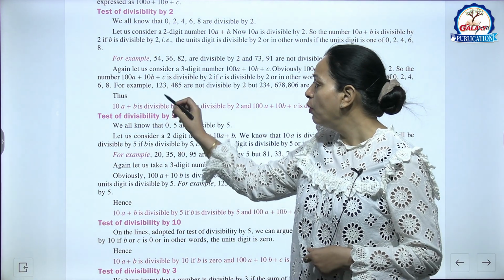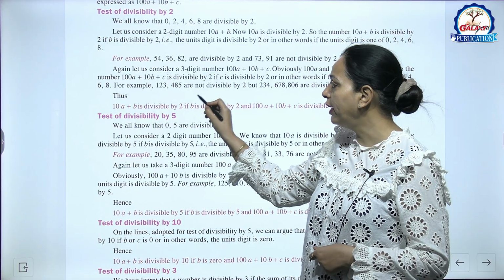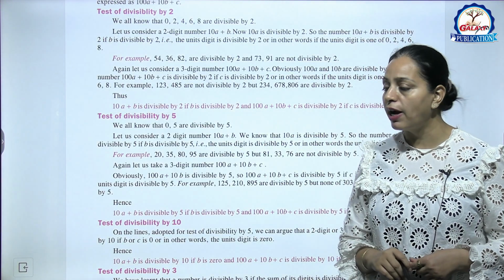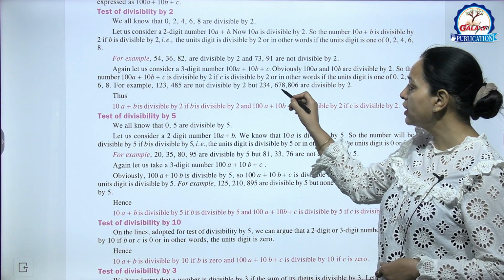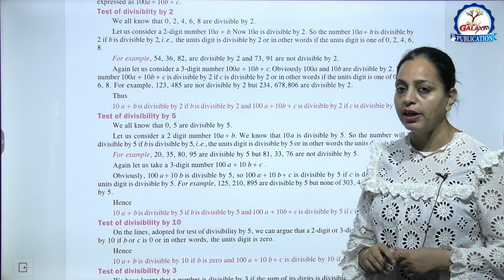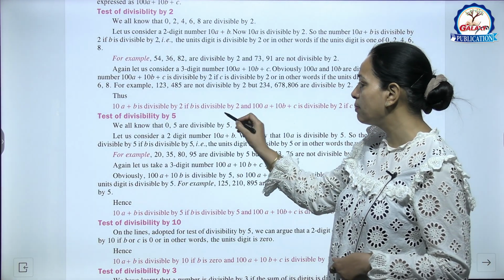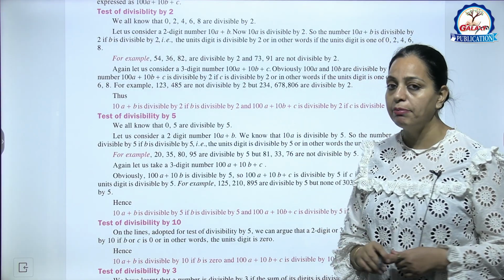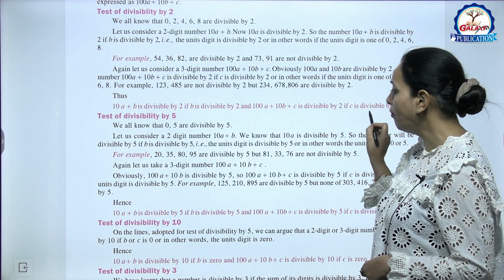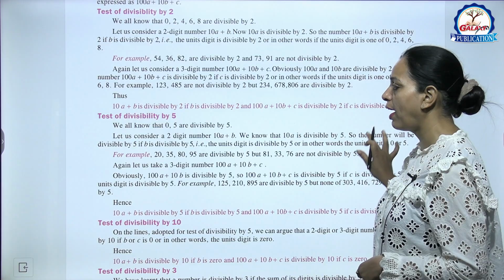For example, 123, 485, these all are not divisible by 2, but 234, 678, these are divisible by 2. So 10a plus b is divisible by 2 if b is divisible by 2, and 100a plus 10b plus c is divisible by 2 if c is divisible by 2.